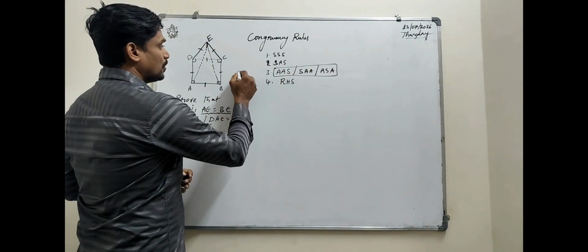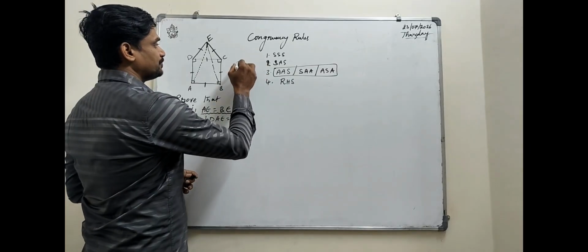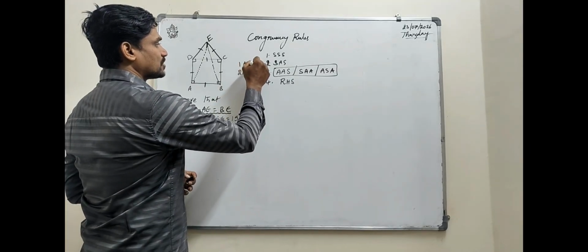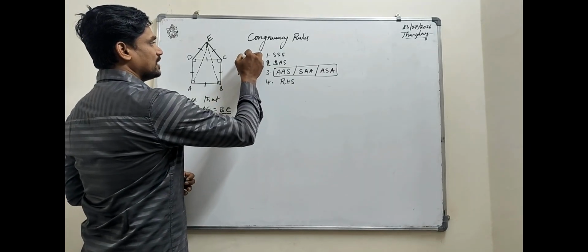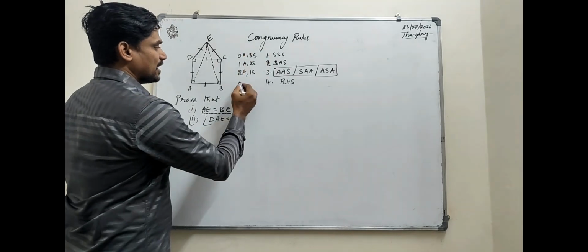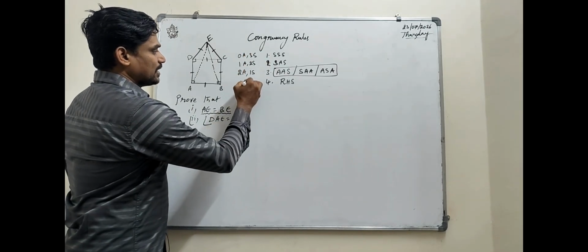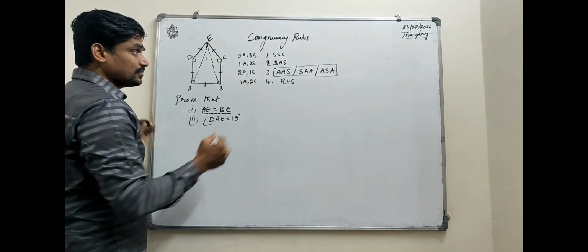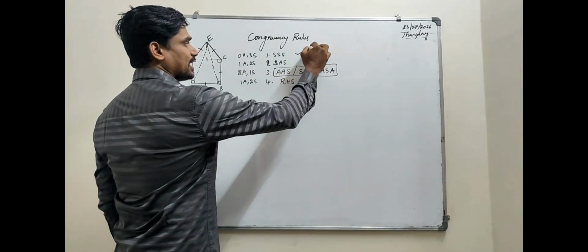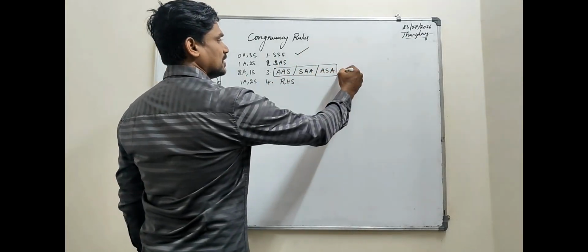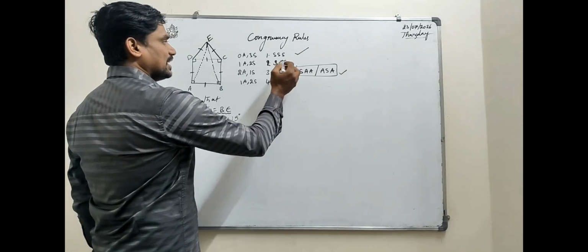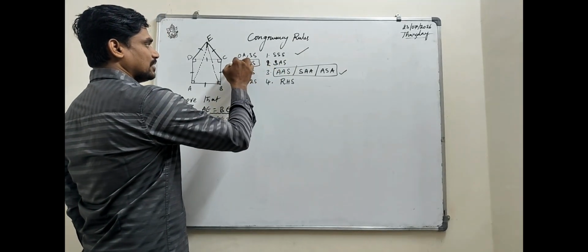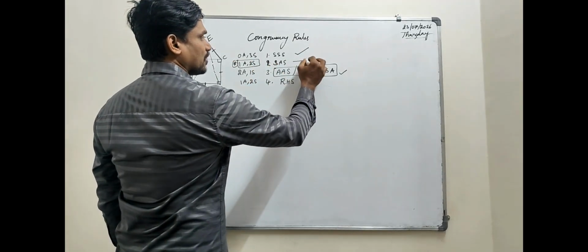Indirectly, two angles and one side; one angle and two sides; zero angles and three sides. Here, one angle and two sides. In the other cases, directly, anything is fine. But in this case, the angle should be included.